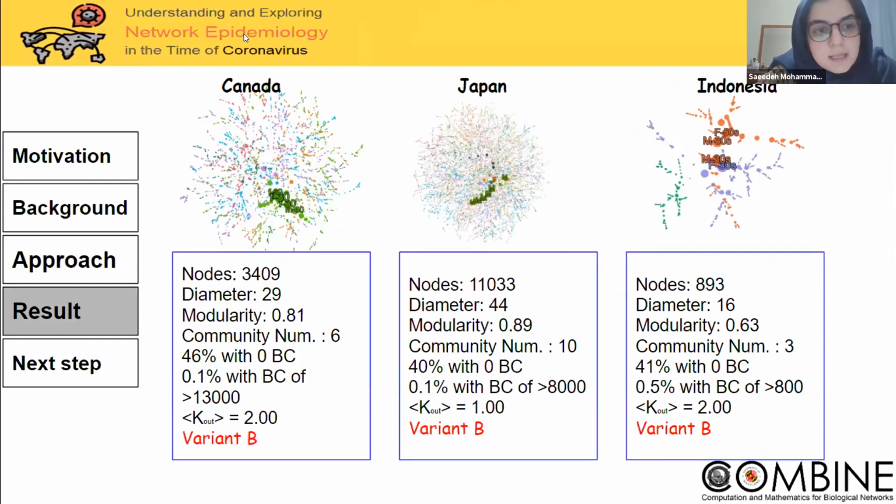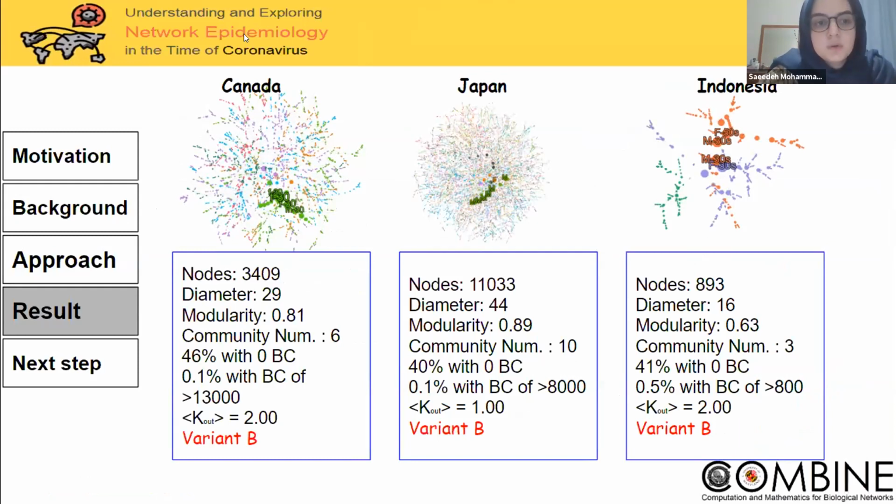We ran this algorithm for multiple countries. The transmission networks of Japan and Indonesia are shown here. Structural properties for each network are demonstrated. Information like network size, modularity, number of clusters, average of outgoing degrees, and BC, which here stands for betweenness centrality, meaning the number of times a node is in the way of two nodes' shortest path.